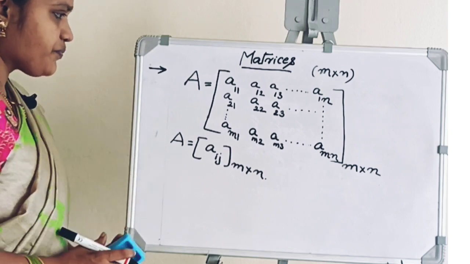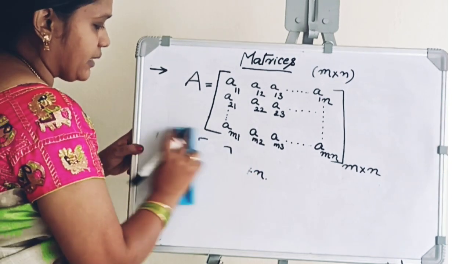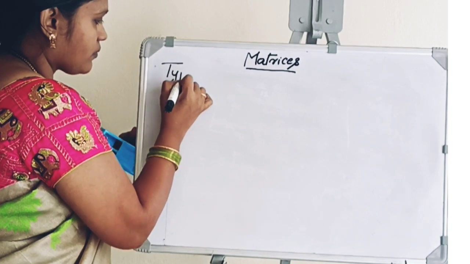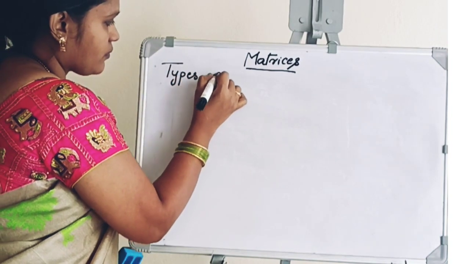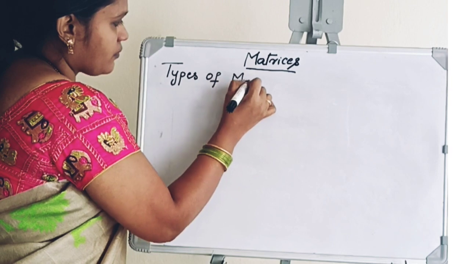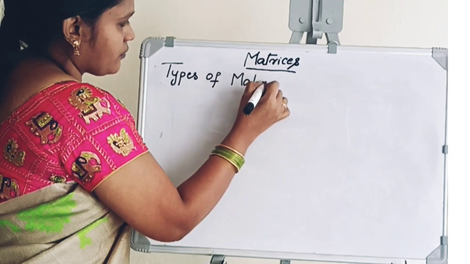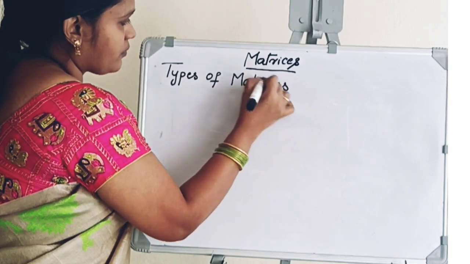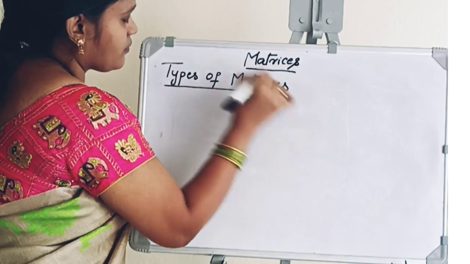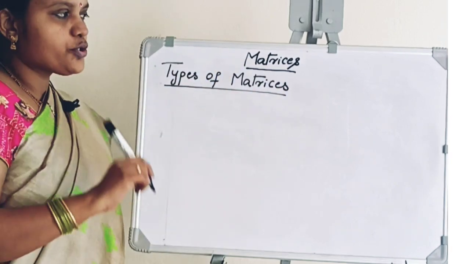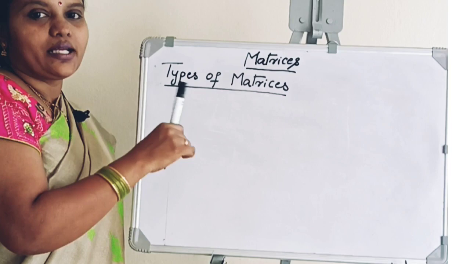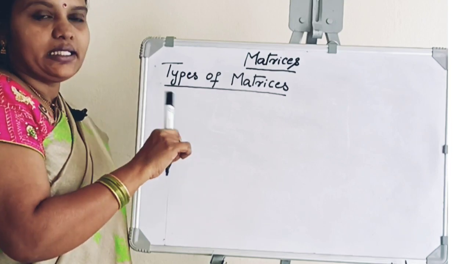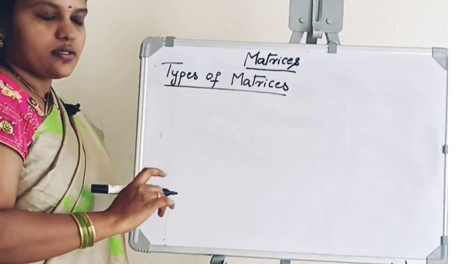Now let's see the types of matrix. Also, you should know that whatever the numbers or entities we call in matrix, it may be real or complex. Okay.